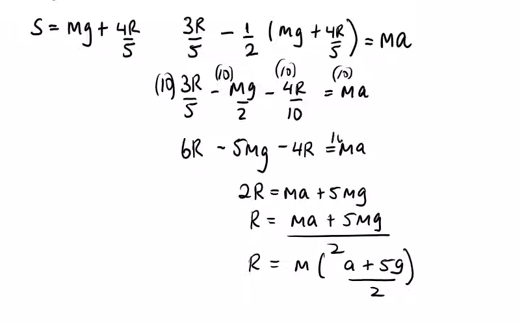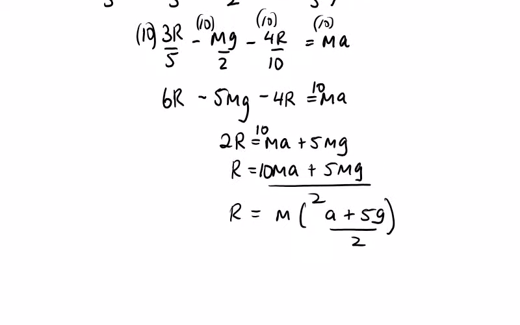This should be 10 ma. So 2R is equal to 10 ma plus 5mg. So R is equal to 10 ma/2 plus 5mg/2. And if I take the m out, then I'd have 10a plus 5g/2.